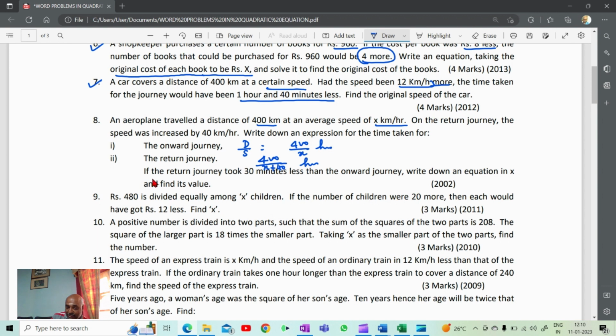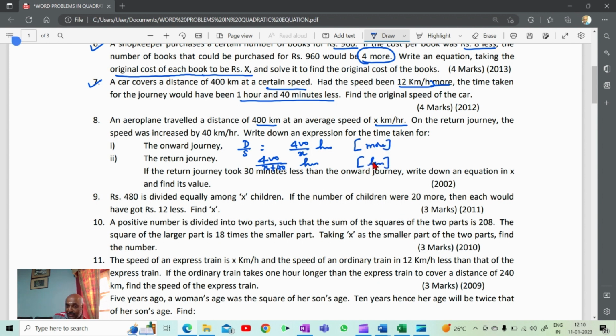Now, the third part they are saying, if the return journey took 30 minutes less because your speed is increased by 40 kilometers per hour, while coming back you are reaching 30 minutes early. So when you're comparing, you know that to go you have taken more time, to return you have taken less time.